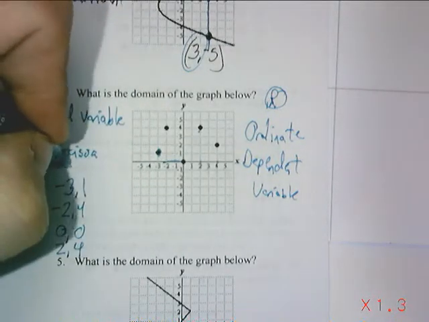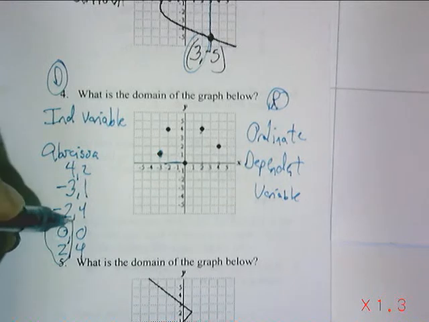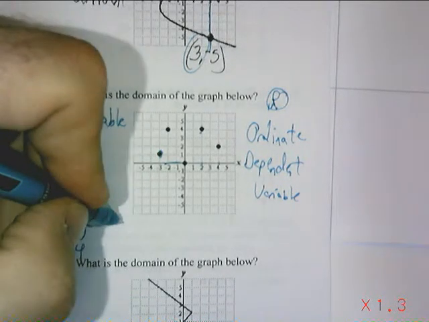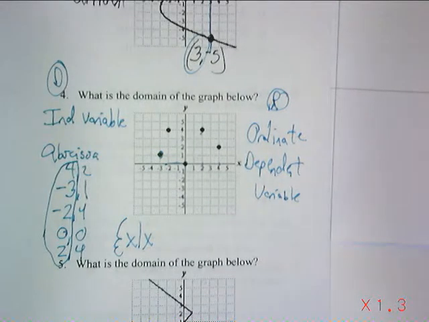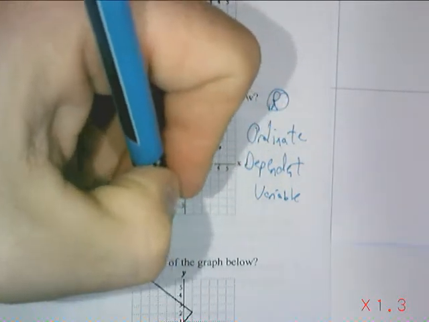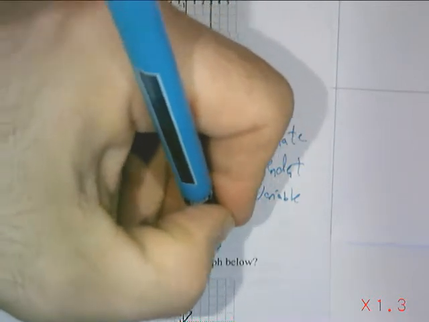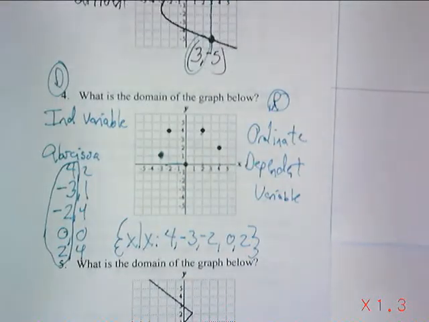Now if I want to know what the domain is, it's just everything in that first part of the ordered pairs. Right, this function notation, all the x's, and just list them. At least for this class, I don't really care what order they're in. As long as they're all there, that's all I really worry about. So that's the domain, -4, -3, -2, 0, and 2.